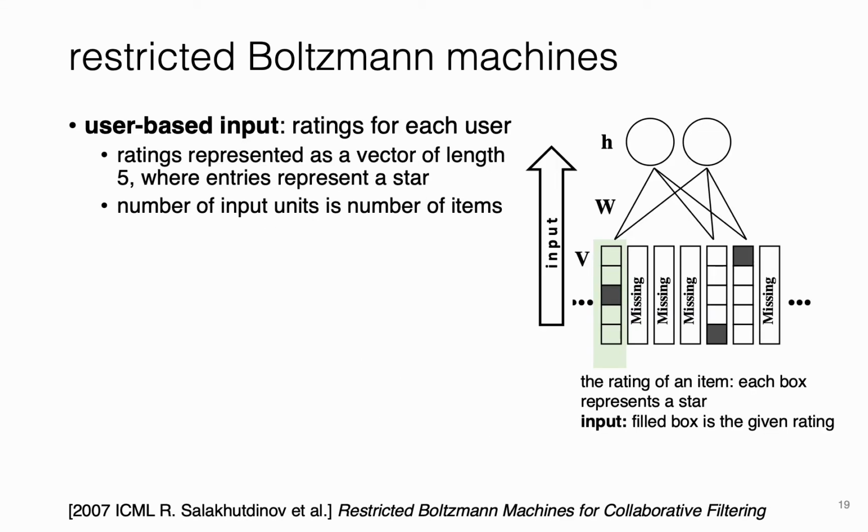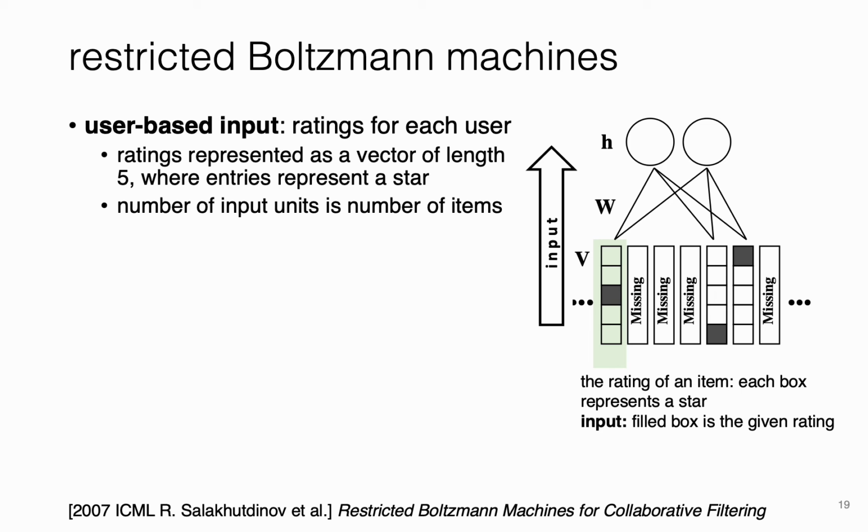Let's see how RBMs can be used for collaborative filtering. The input to an RBM is user-based, meaning that it is a series of ratings for a particular user. Each rating is represented as a vector of length 5, where each entry represents a star.